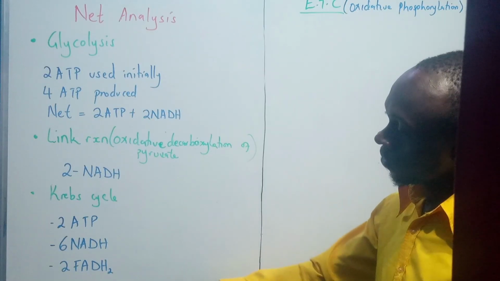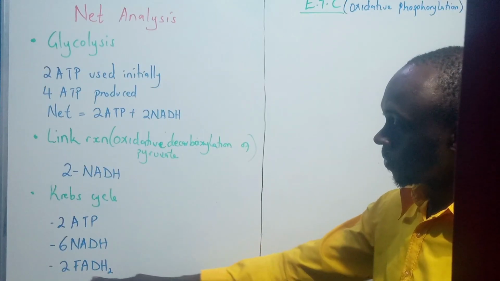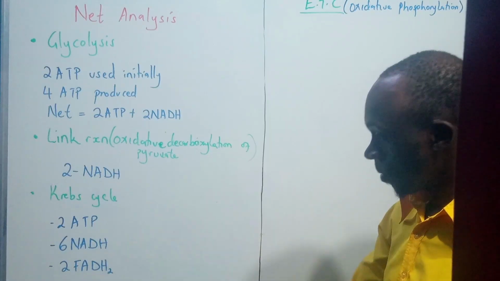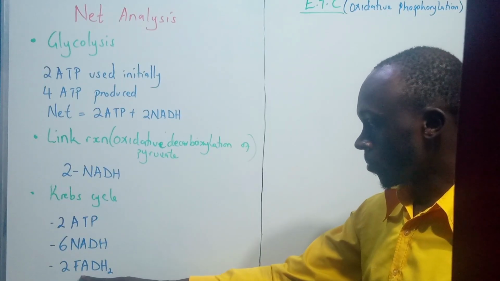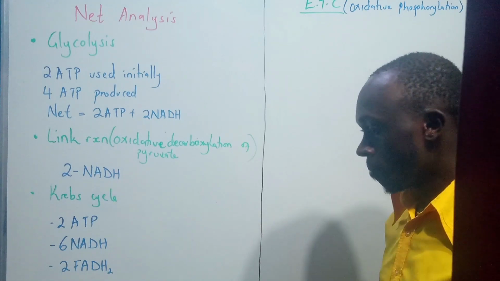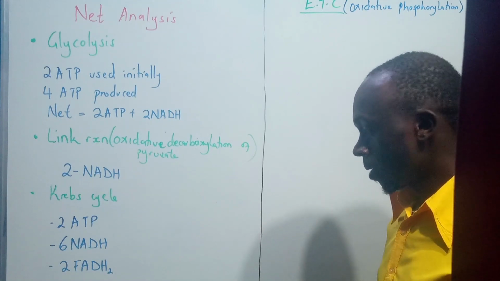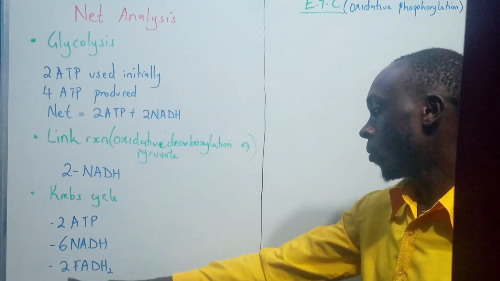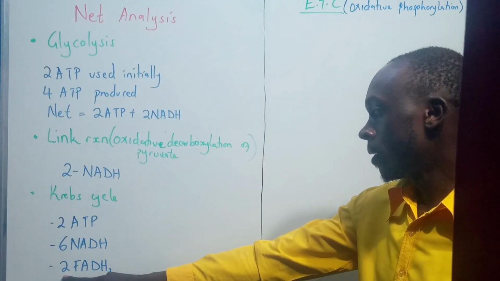So if we go to reduced FAD, each cycle of the Krebs cycle produces 1 reduced FAD molecule. But since there are 2 acetyl coenzyme A molecules entering the cycle, we double our FAD to 2.